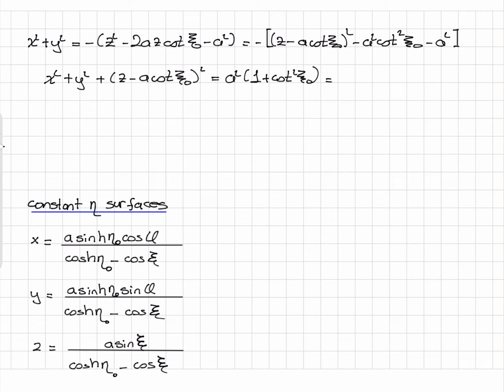And what is 1 plus cotangent squared psi 0? It is (sine squared psi 0 plus cosine squared psi 0) divided by sine squared psi 0. Sine squared plus cosine squared is 1. So I have a squared divided by sine squared psi 0.